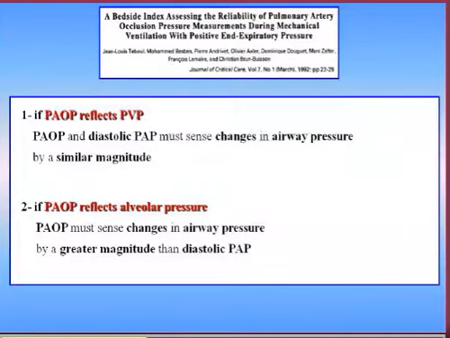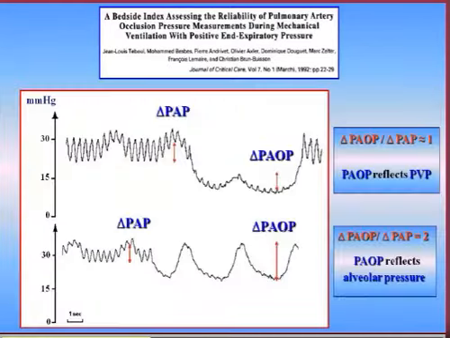But if PAOP reflects alveolar pressure rather than pulmonary venous pressure, then PAOP must sense changes in airway pressure by a greater magnitude than diastolic pressure. And you should have this kind of tracing with high value of delta PAOP in comparison with delta PAP.